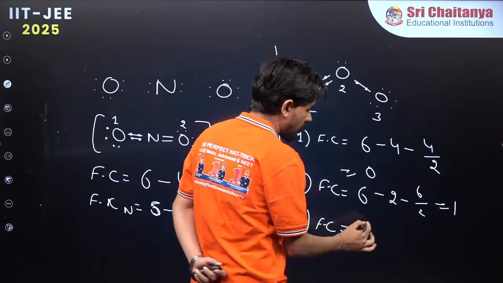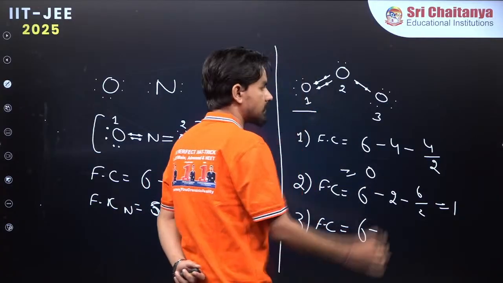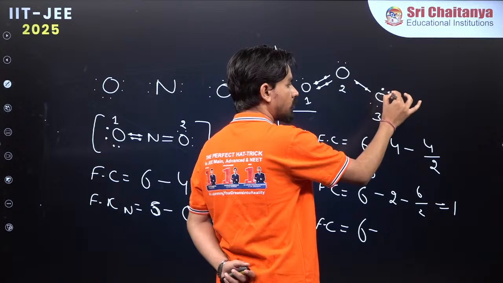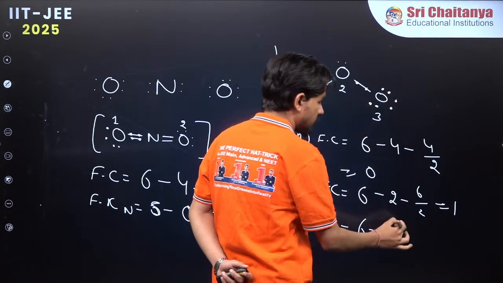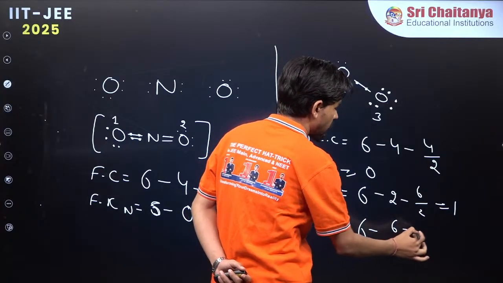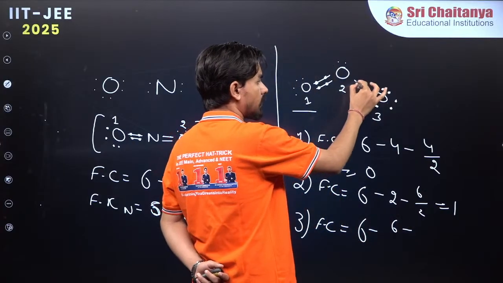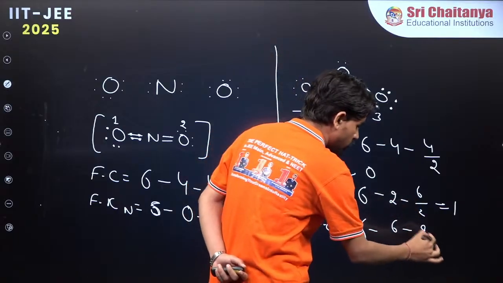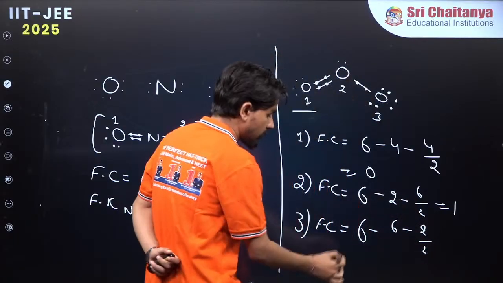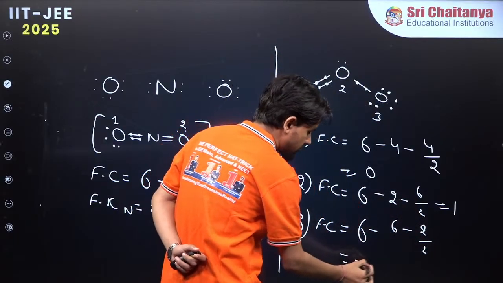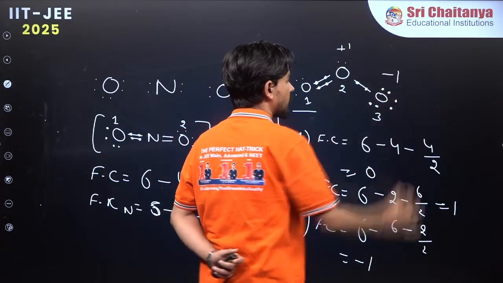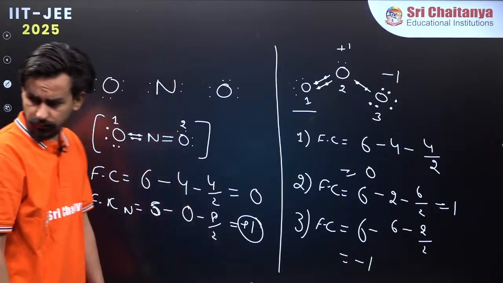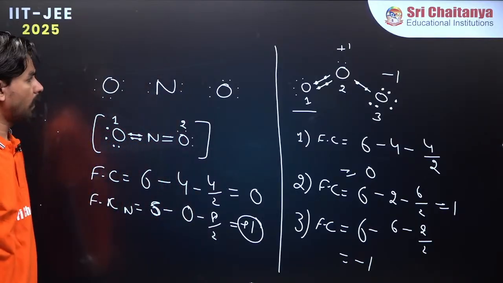How many valence electrons? 6 minus unshared, 1, 2, 3, 4, 5, 6. 6 are unshared, minus, 2 are shared. So 2 by 2, that is equal to 1. So 6 minus 6 minus 1, that is minus 1. So here plus 1 and here minus 1. That is the thing. Plus 1 and minus 1.